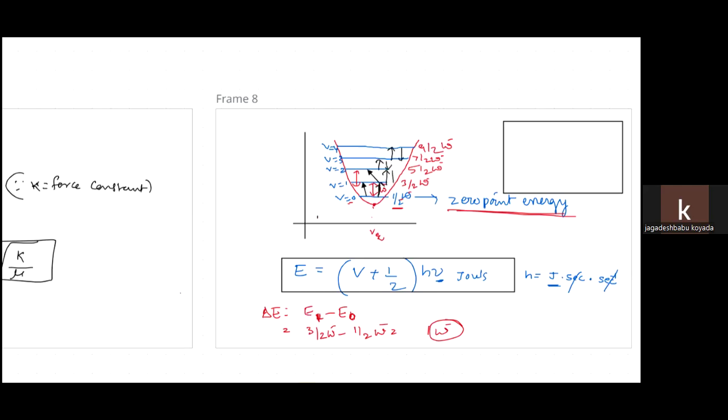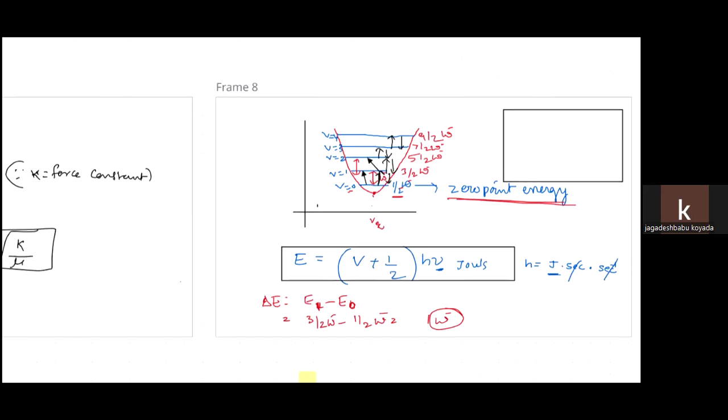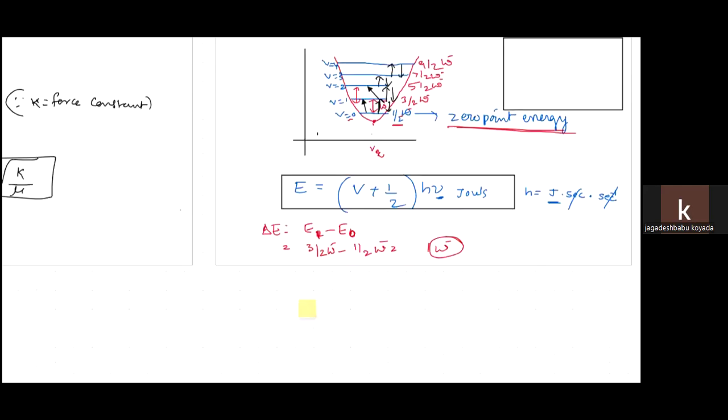These are the allowed transitions. Allowed transitions mean more population is here. This is about the simple harmonic oscillator. Now we will discuss the anharmonic oscillator in the next slide. Thank you.